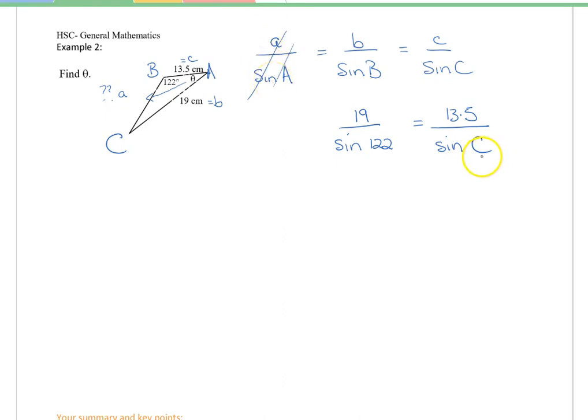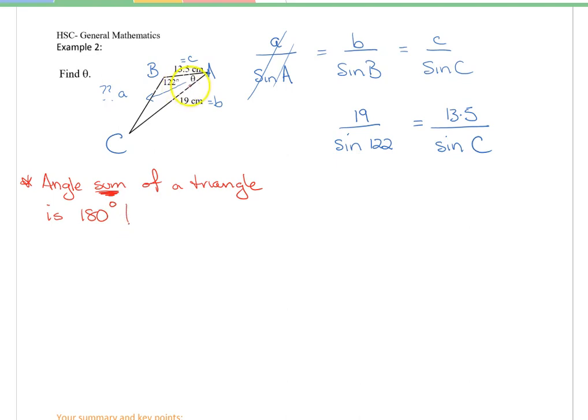The thing about this is, if I do get angle C, now some of you will be realising, the moment I've got angle C, I can go back to my very fundamental, should have been about year 7 or 8, angle sum of any triangle. The sum of all the angles is 180 degrees.